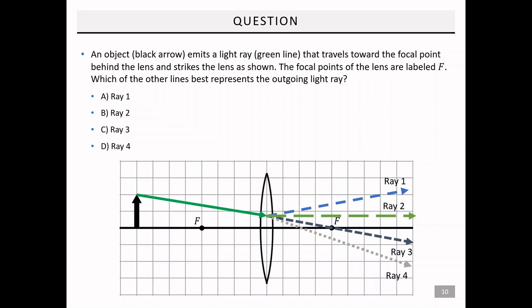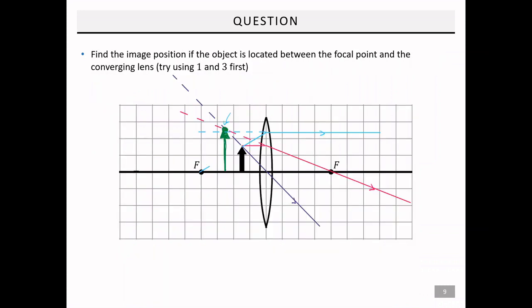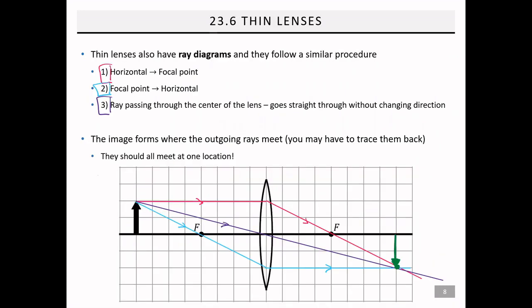The second way to answer this question is a bit longer, but it's also good practice for drawing ray diagrams. So let me go back 2 slides, back to this one where we found the image location on the right side of the lens. So here I've drawn 3 outgoing rays, but note that every ray that starts at this object and passes through the lens will also pass through the image location.